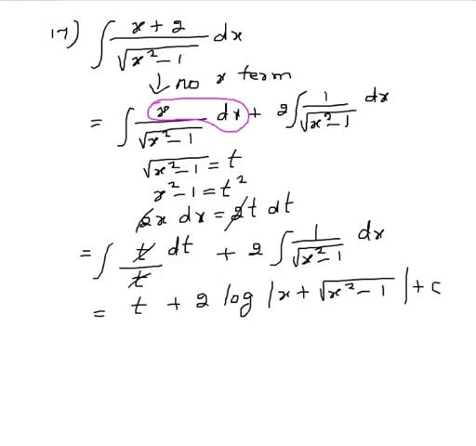Substitute for t. Therefore the answer is root of x square minus 1 and the second term is 2 times log of absolute value of x plus root of x square minus 1, plus c.